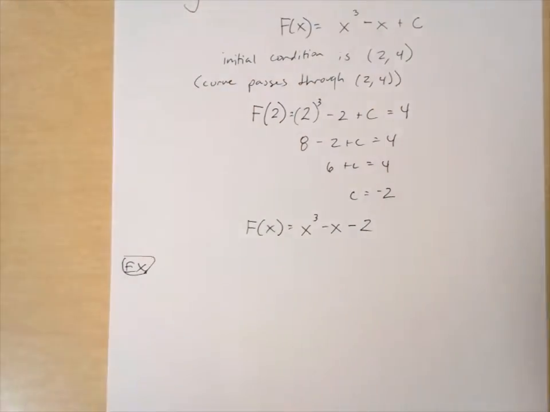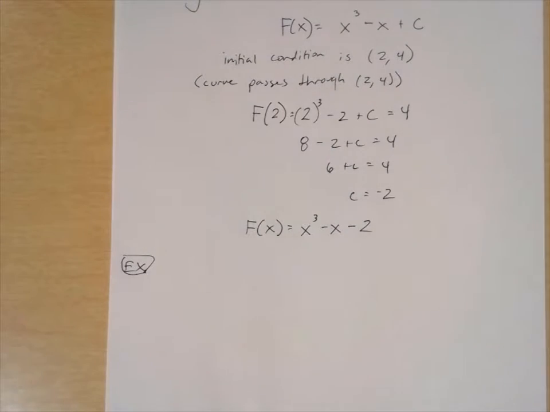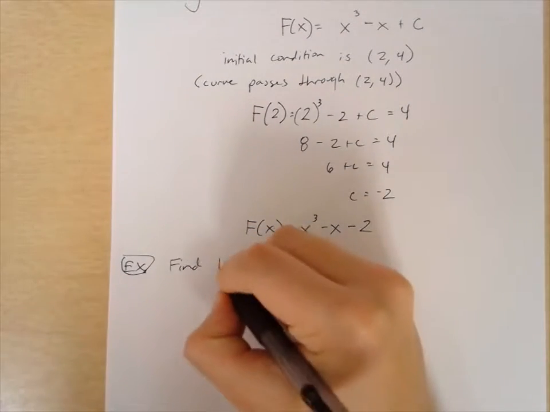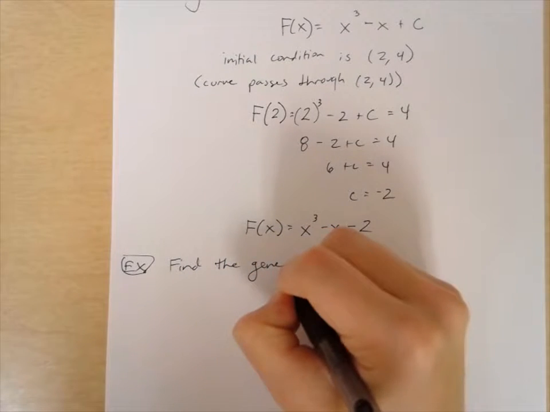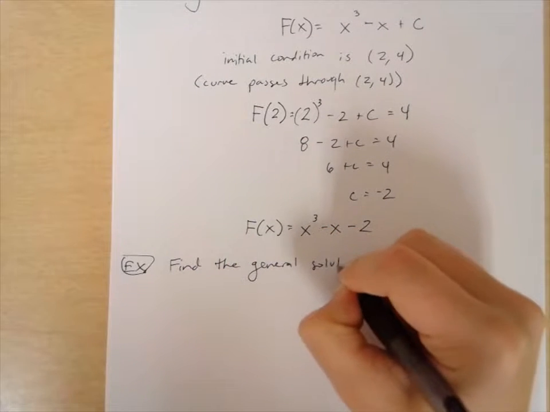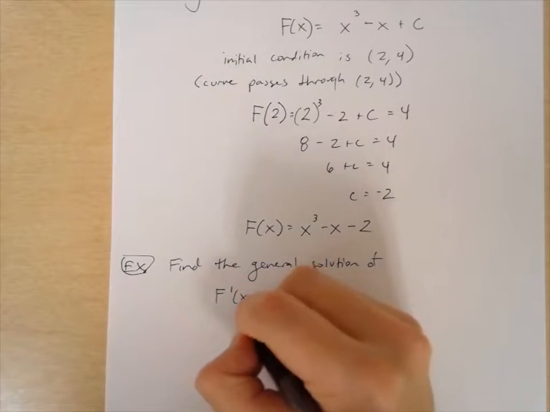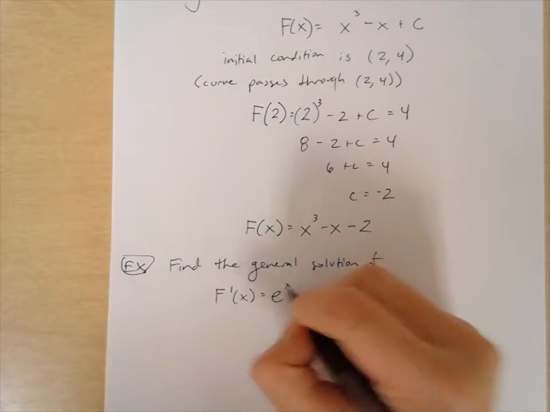Let's try that one more time. So, our example asks us to find the general solution of big F prime of x equals e to the x.